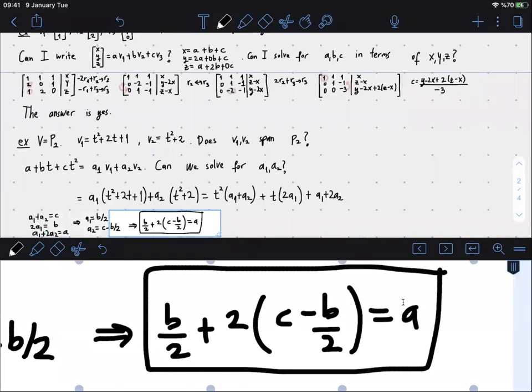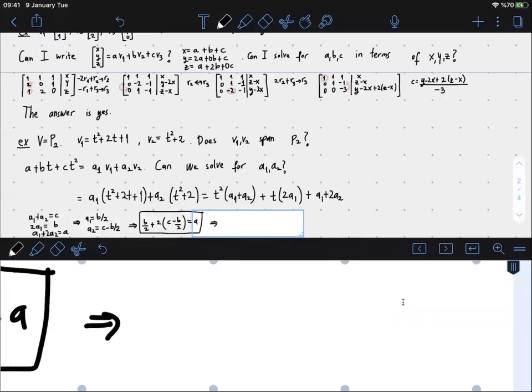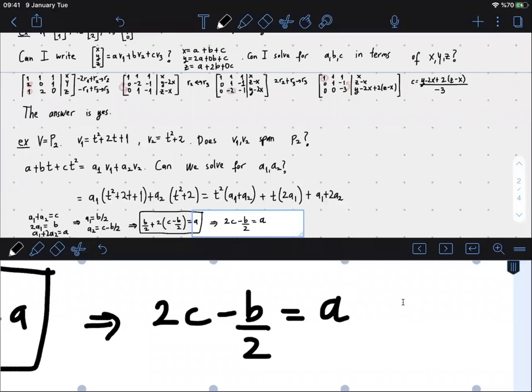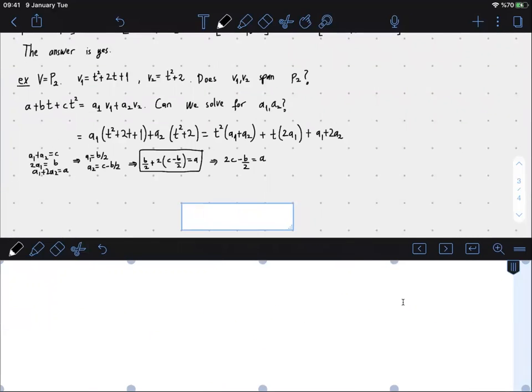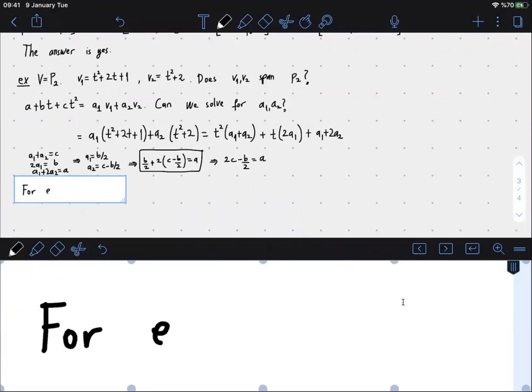Let's write this more clearly. This is really 2c minus b over 2 equal to a. For example, let's give numbers which satisfy this.